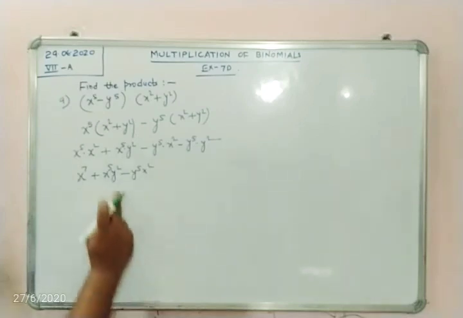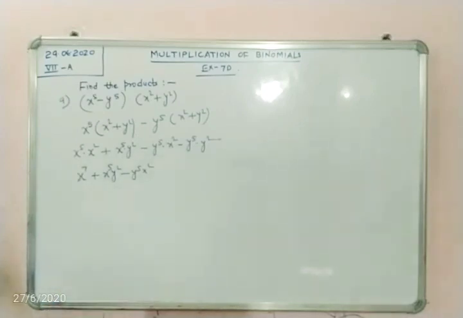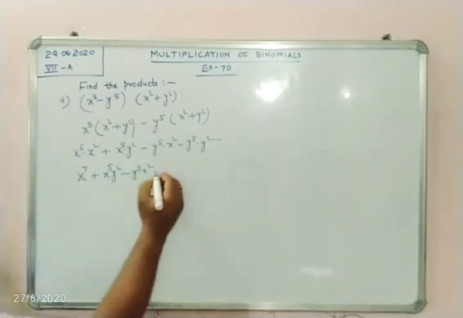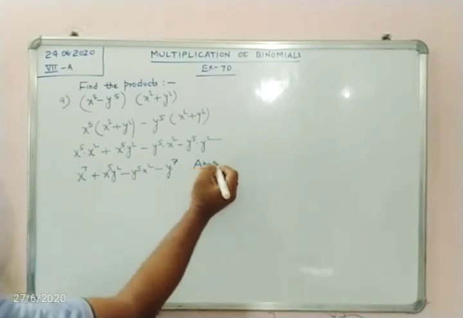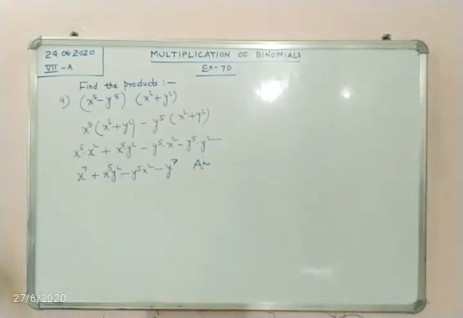Don't consider that these are like terms, because x is having a power of 5 and here y is having a power of 5. So this is where a great difference lies. So minus y to the power 5 plus 2 gives you 7. So this is your product. Okay, clear? Alright. So this is the way to multiply.